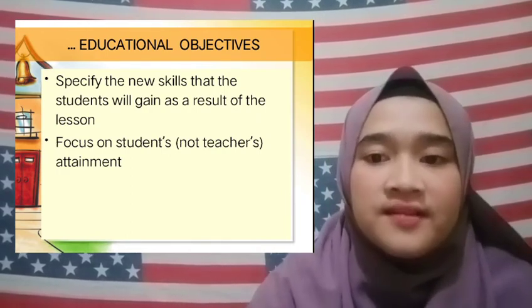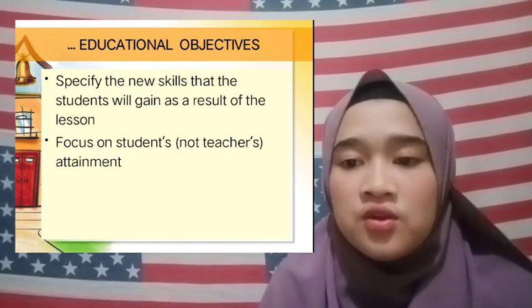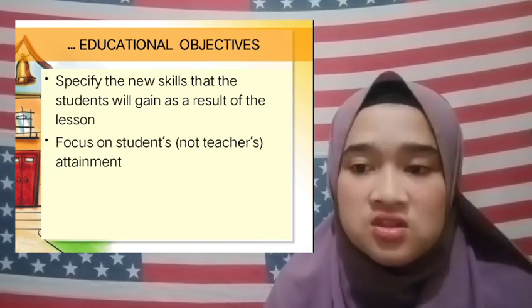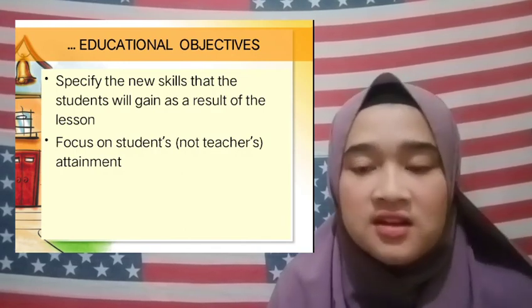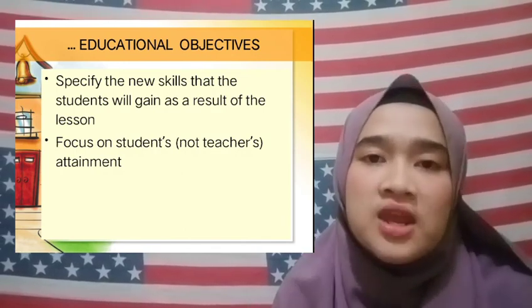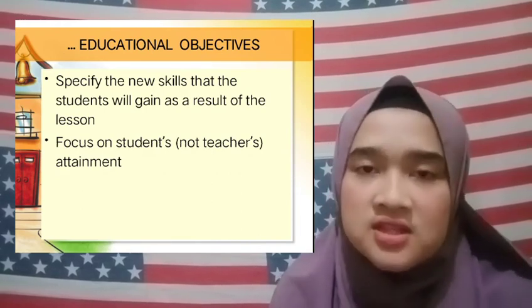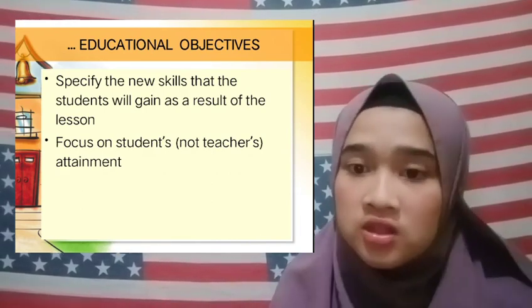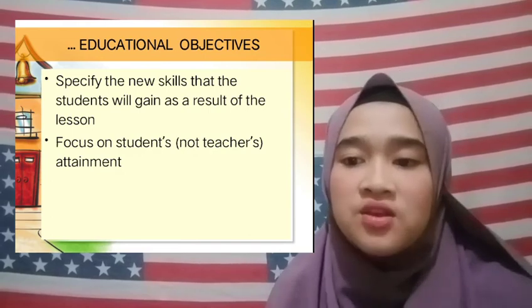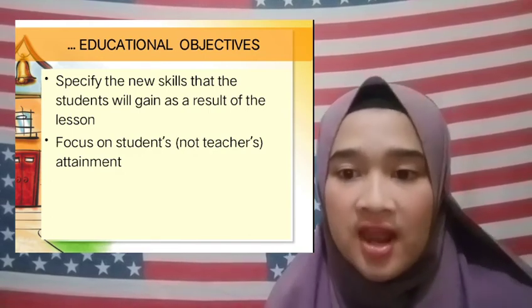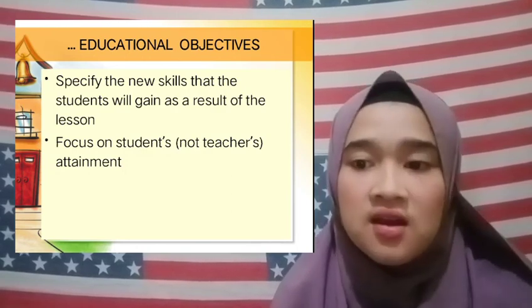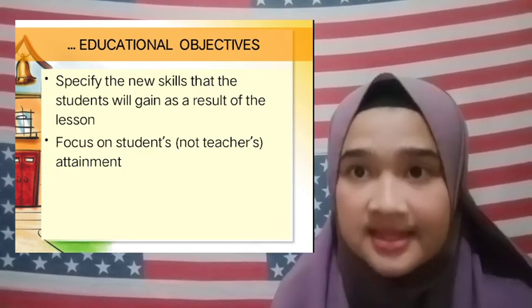And the third, an example of a good objective in English language teaching is: students will understand the difference between simple present tense and simple continuous tense and use these tenses appropriately when they complete the worksheet accompanying this lesson.